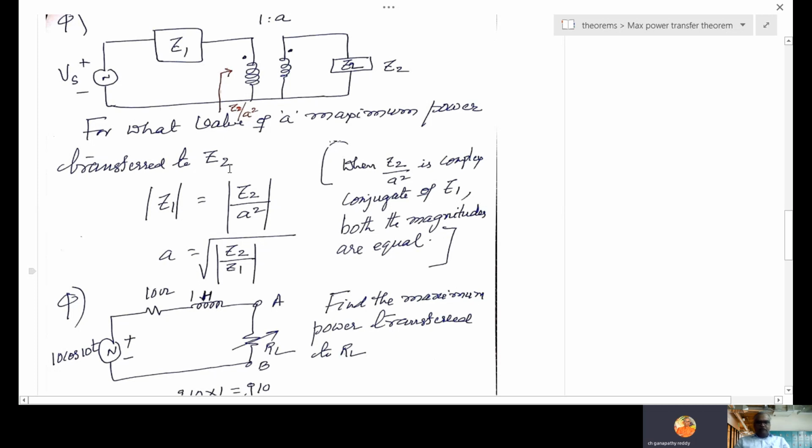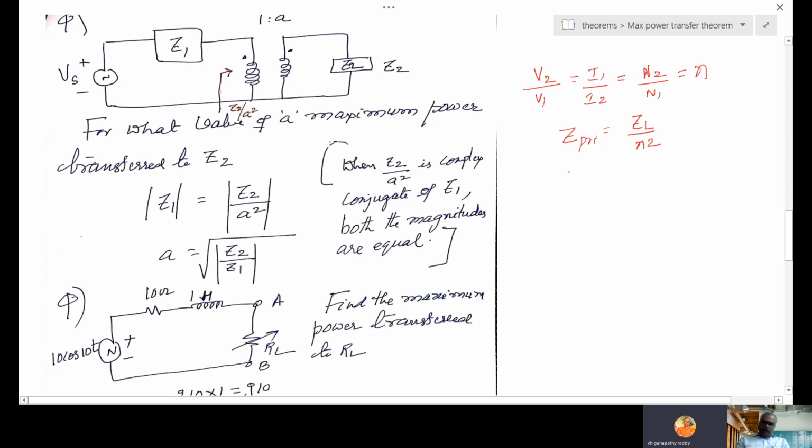So you should know the transformer related formulas. V2 by V1 is equal to I1 by I2 is equal to N2 by N1 is equal to N. If the secondary is terminated with ZL, the primary impedance is ZL by N square.